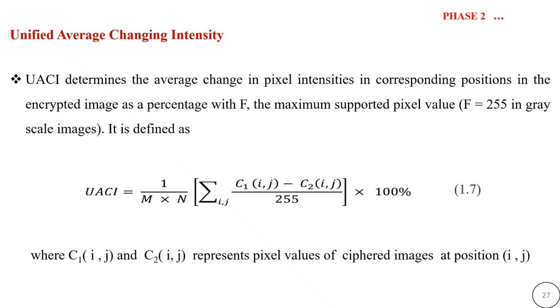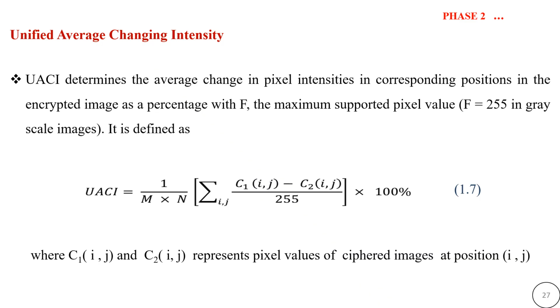UACI determines the average change in pixel intensities at corresponding positions in the encrypted image as a percentage, where F is the maximum supported pixel value, F equal to 255 in grayscale images.